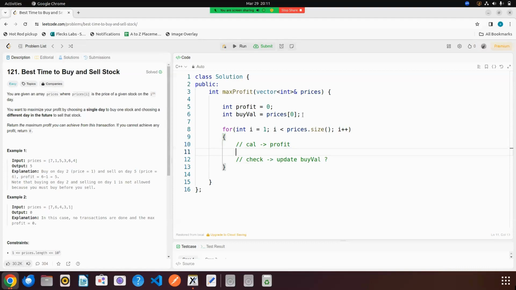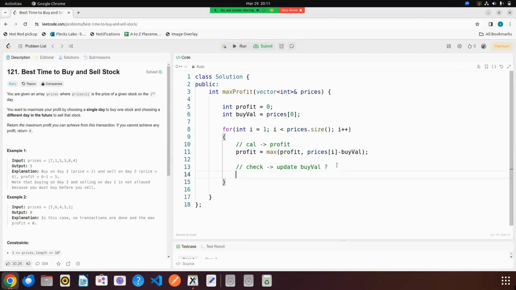So the profit we can achieve is what? Profit is equal to max of what? The profit we have till now, or what? The sell value, which is today's value, that is prices of i, minus the buy value, buyVal. Okay, and this will store the profit.